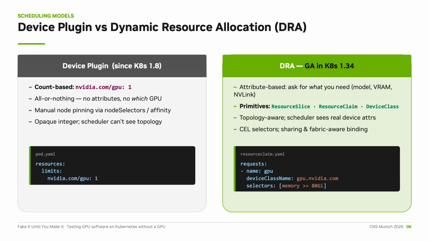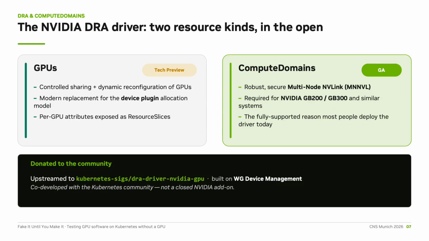With the new DRA, you can request the type of GPU and even, if you need a special memory size of GPU, if you need a special type of GPU, if you need a GPU with a special capability enabled, you can do that with DRA, which you were not able to do with device plugin. Device plugin was basically a raw string. So with DRA, we open the door to specific ways of requesting resources.